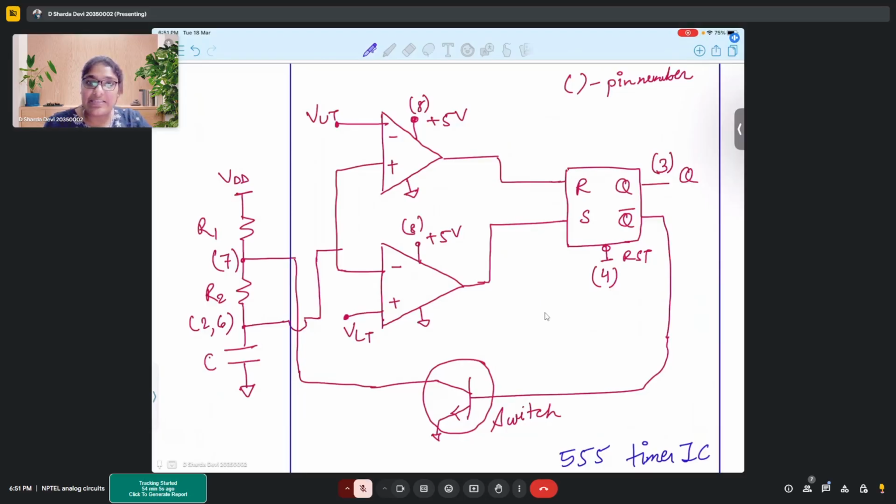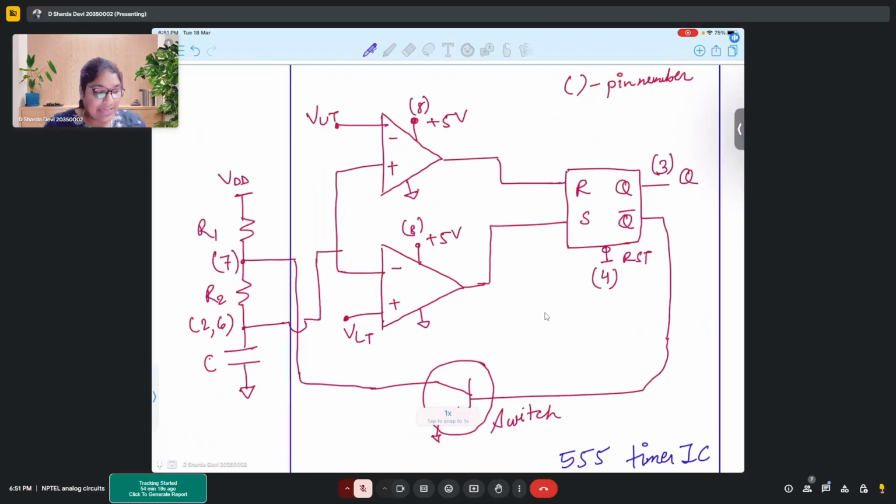And if the transistor is turned on, the capacitor will also discharge through the transistor, right? Because this is the low resistance path, as it is directly connected to the transistor.